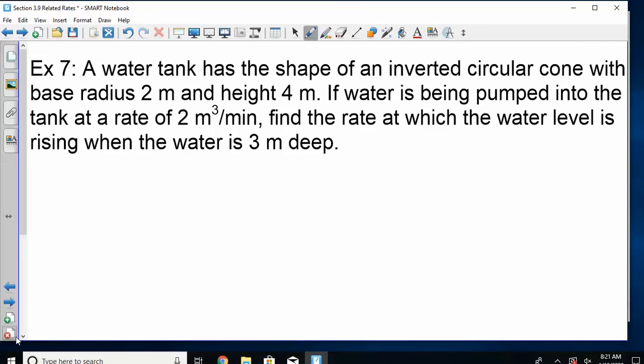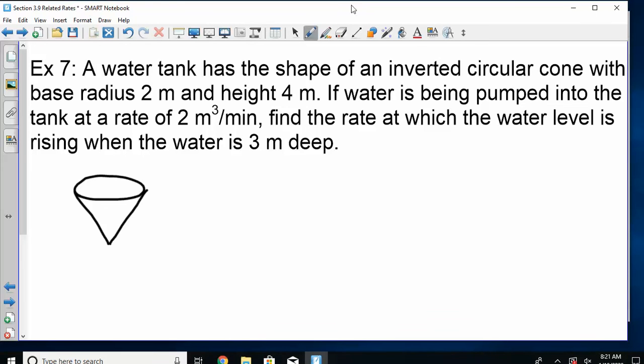A water tank has the shape of an inverted circular cone. So, inverted circular cone, that's your waffle cone. Inverted means upside down. The base radius is 2 meters. So where would that be?